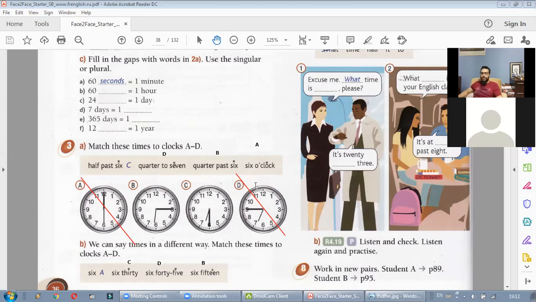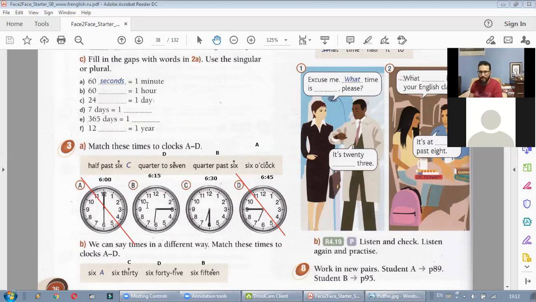Okay, so here this means we have different ways of talking about time. And if we want to write the time in digital, of course, this will be 6:45. This will be 6:30. And this would be 6:15. And of course, this would be 6 o'clock or just 6.